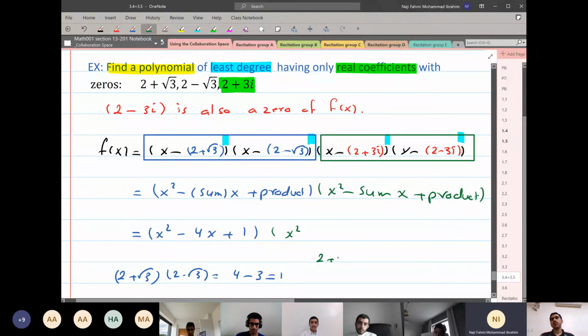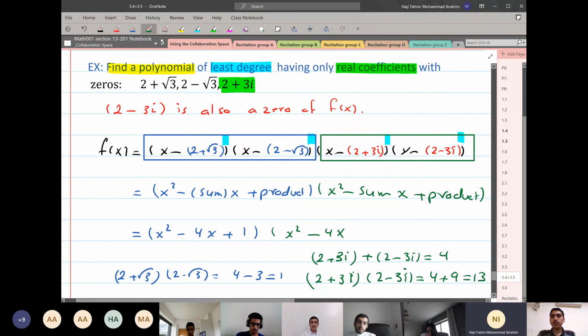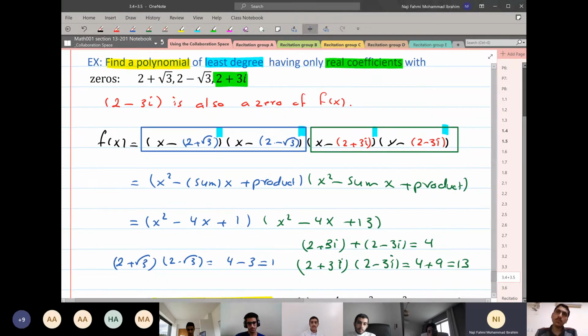When I say 2 plus 3i plus 2 minus 3i, how much is that sum? I think it's also 4. But what about the product? 2 plus 3i times 2 minus 3i. Does anyone know what's the product of these? 4 plus 9, which is how much? 13.